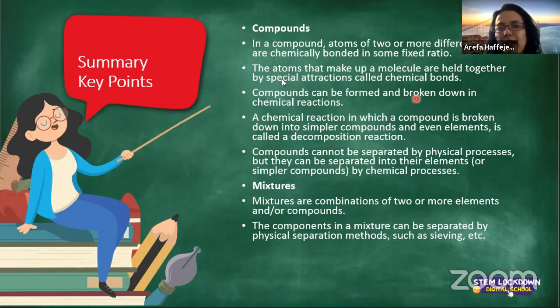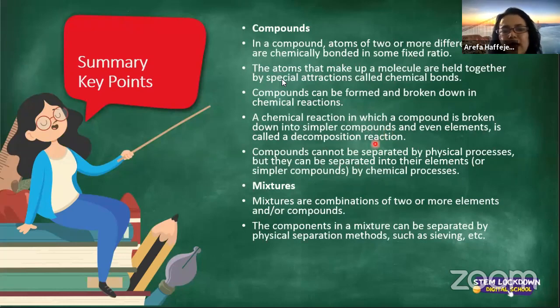The atoms that make up a molecule are held together by a special chemical attraction force called a chemical bond. Compounds can be formed and broken down in chemical reactions. In a decomposition reaction, a compound is broken down into simpler compounds and even elements.